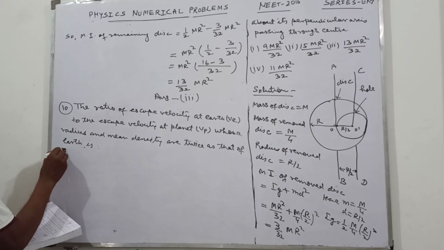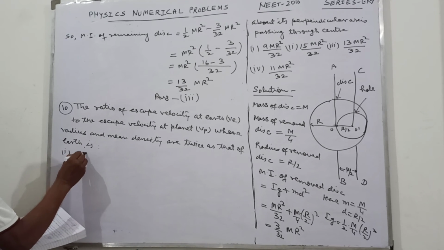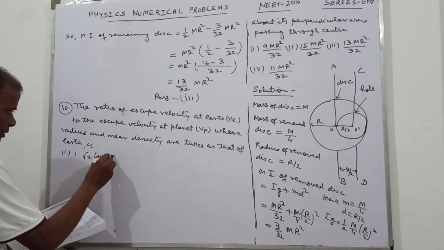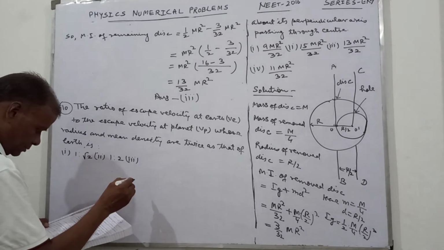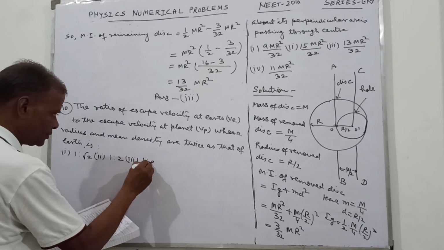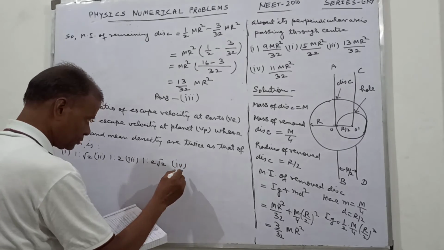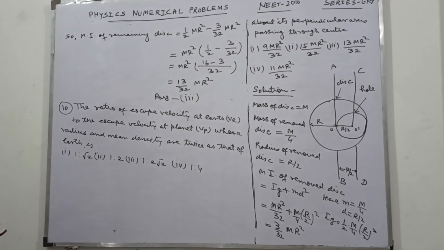Now the options: first 1:√2, second 1:2, third 1:2√2, fourth 1:4. This is question number 10.